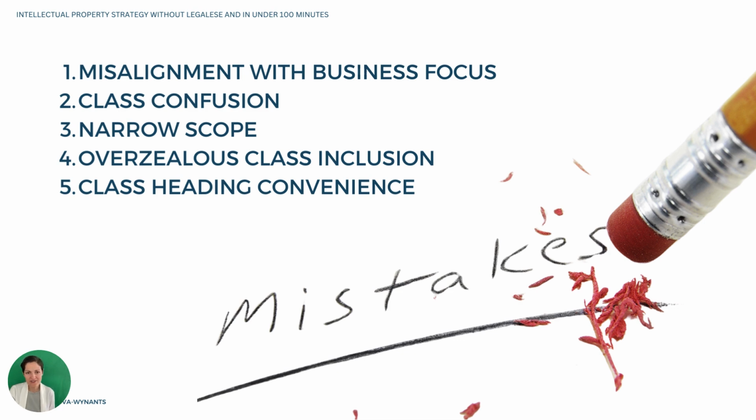Mistake number five is class heading convenience. Resist the allure of class headings. Opting for the catch all class heading might seem convenient, but in fact it invites complications. These class headings are not specific enough to ensure the optimal protection for your trademark. Both absolute and relative grounds for refusal of its registration depend on the list of goods and services.